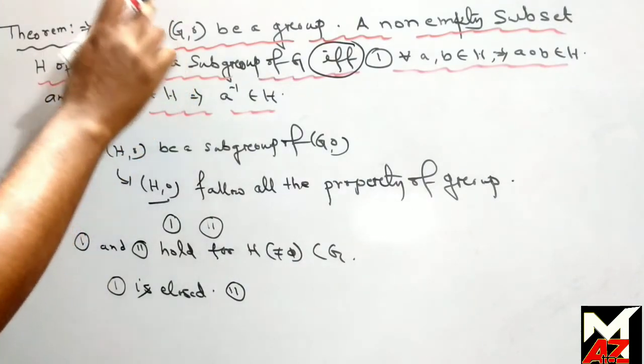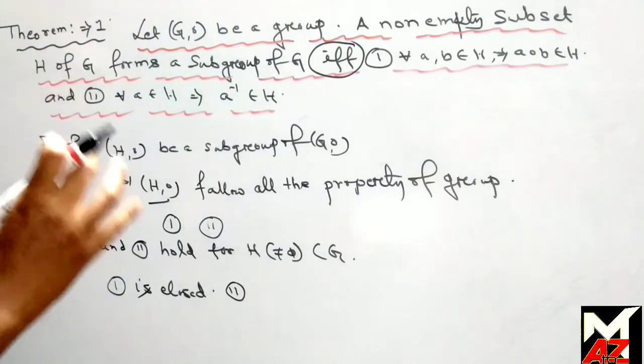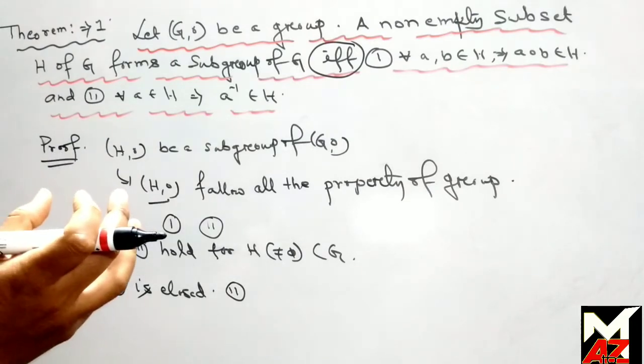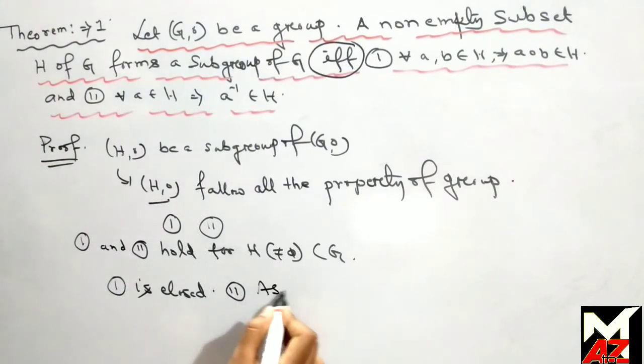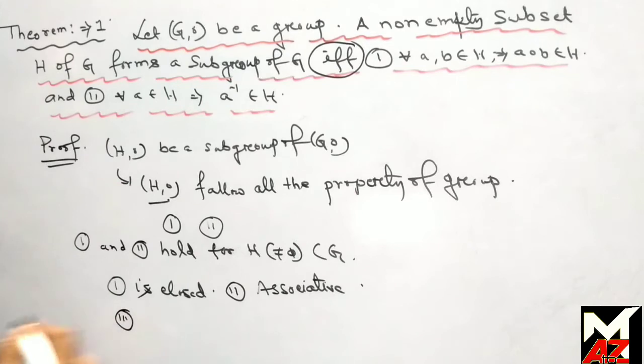Since the mother set follows the associative property, all the subsets must follow the associative property because of heredity. So the associative property holds.